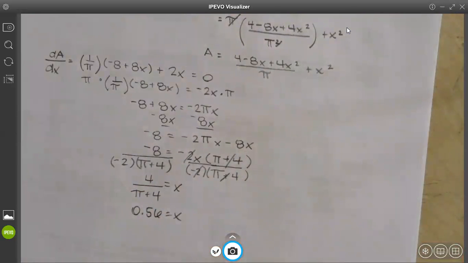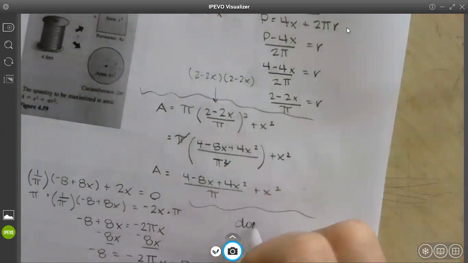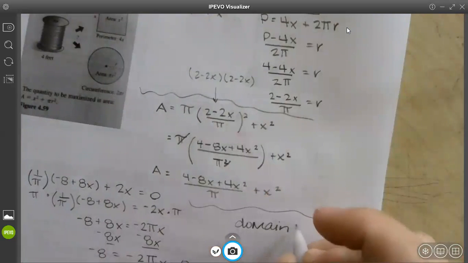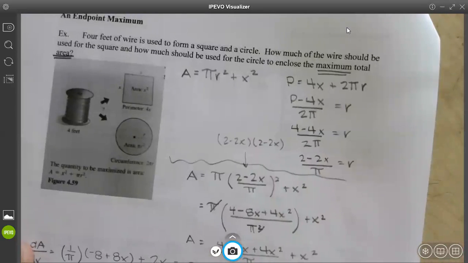Does it fall within my range? Because I didn't do a domain. What is my domain? Not 0 to 4. You're close though. What did x deal with?